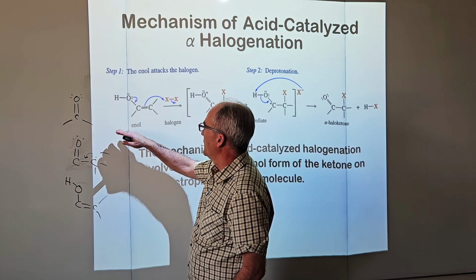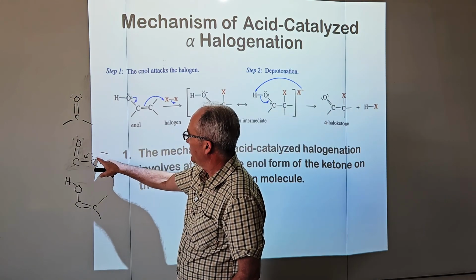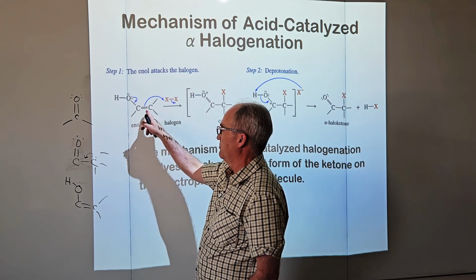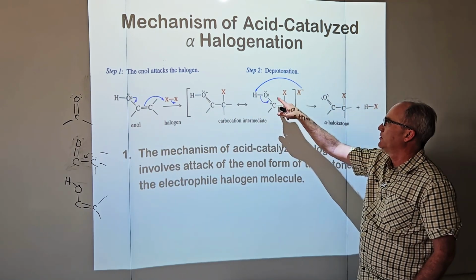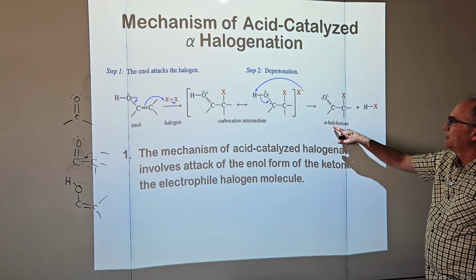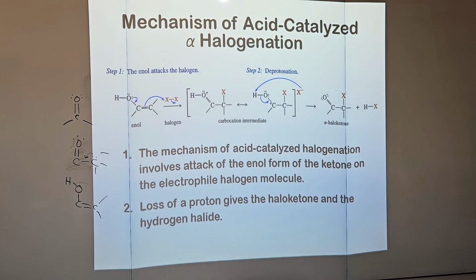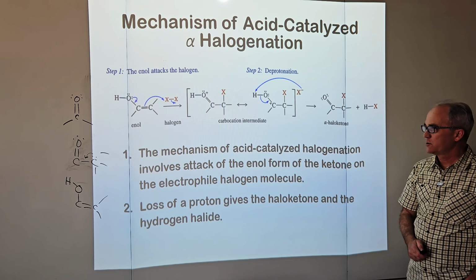So we have to get to the enol, however we get to that, and we can imagine our lone pair of electrons, a negative charge, or the enol grabs the halogen, that thing jumps out, then eventually that will grab that hydrogen, and so there's the alpha haloketone. Loss of a proton gives the haloketone and a hydrogen halide. Any questions?